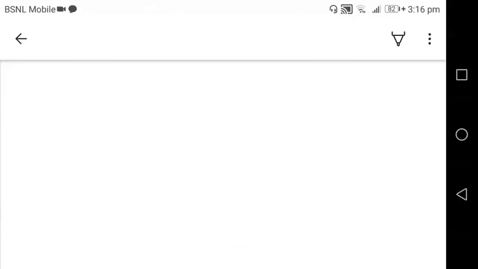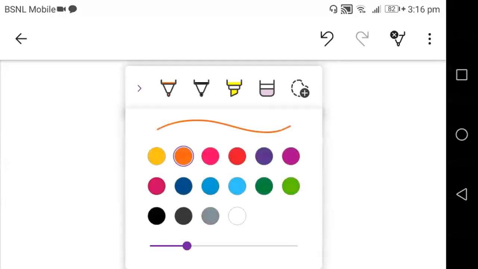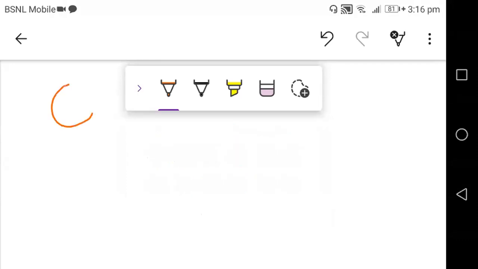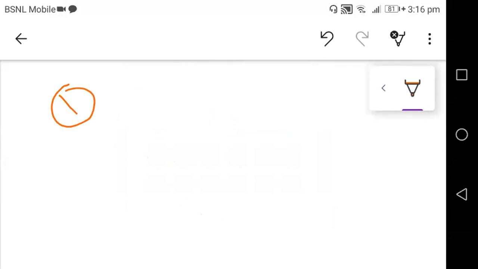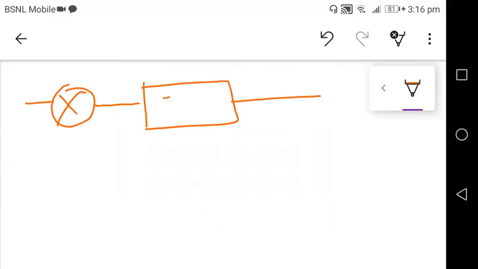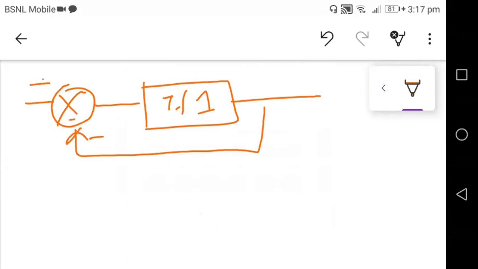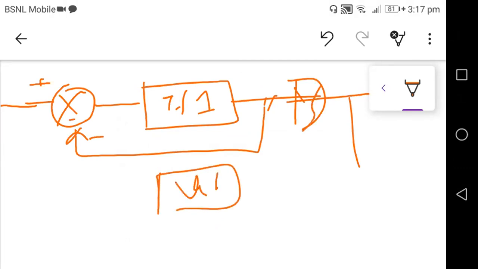So if you are having some system, with a transfer function, and suppose this one is a current loop, and here is some transfer function, and this is a velocity feedback, suppose.